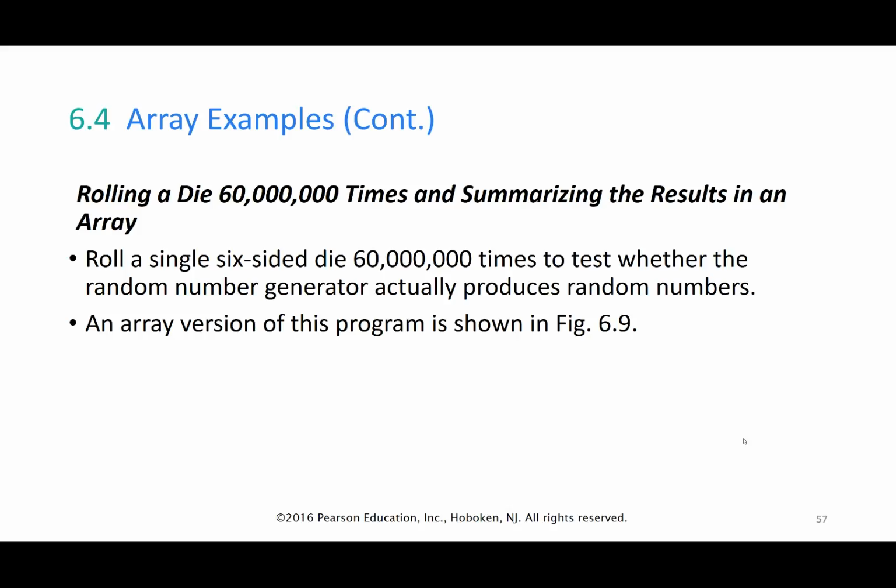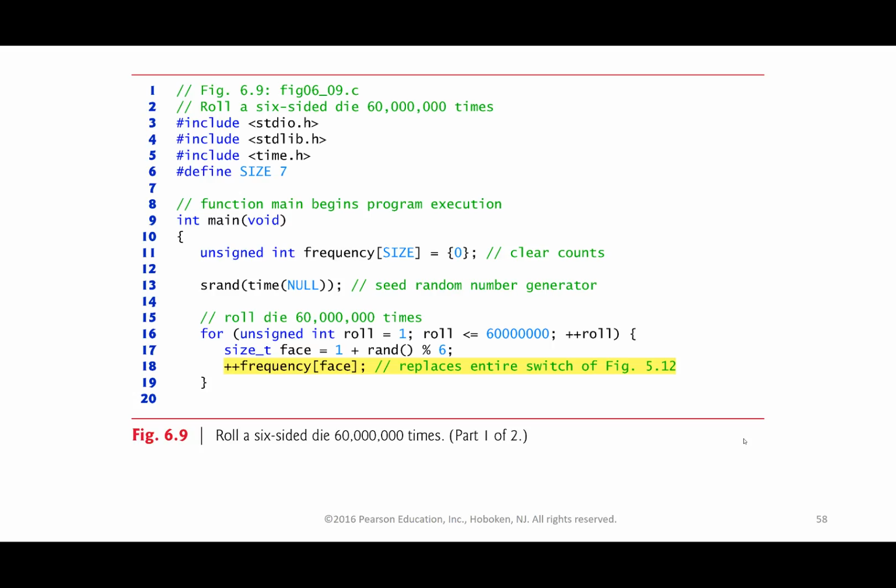This is one where we roll a single dice 60 million times and check to see the random number. Same thing here, I've got an array of frequency initialized to 0. I seed my random number generator. We talked about that before. I roll my dice 60 million times.